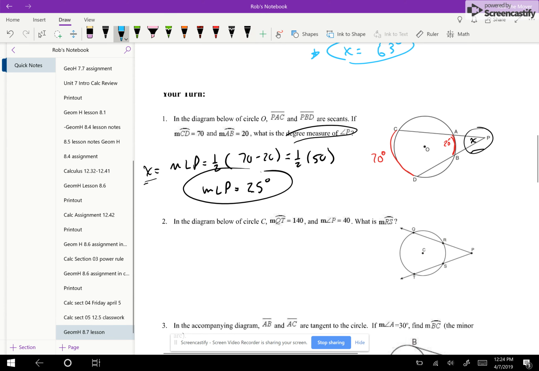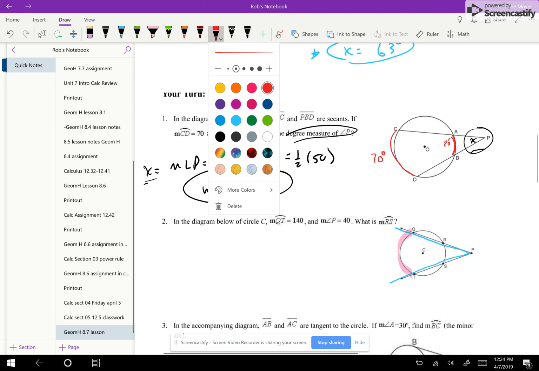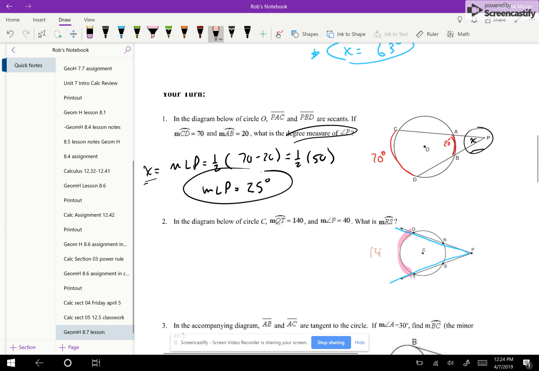Okay. The next one, we've got, again, 2 secants. Pretty standard here, but we're probably going to be given a little different information. Let's look. The measure of arc QT, that's this arc here, is 140 degrees.